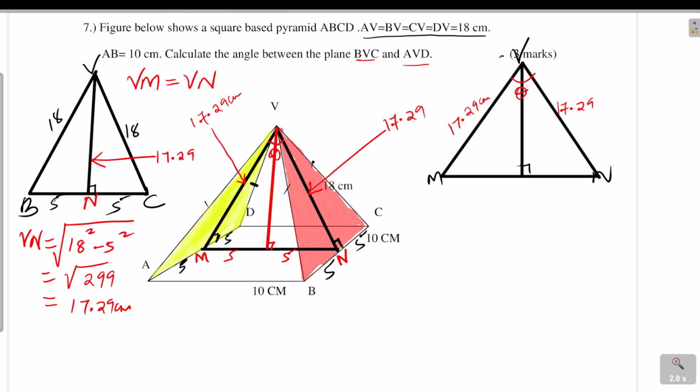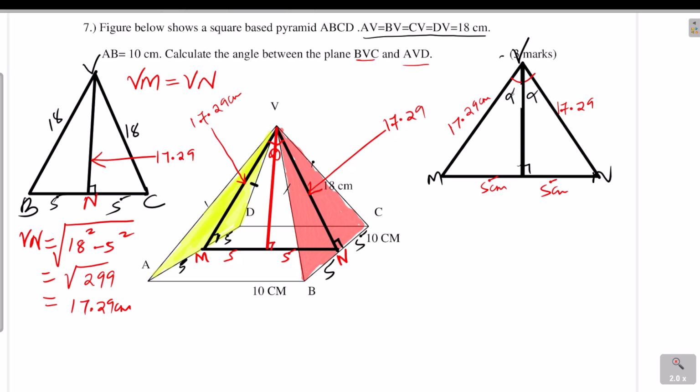That is the required angle. Then this one is 5, this one is 5 centimeters. Now as you can see, we can divide this angle theta into two by first getting this angle here that I want us to get. So let me get that angle. If you divide this angle into two and call this angle alpha and this alpha, the two of them will give us the required angle.